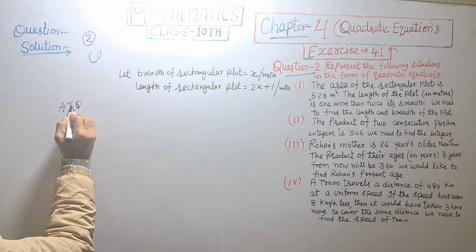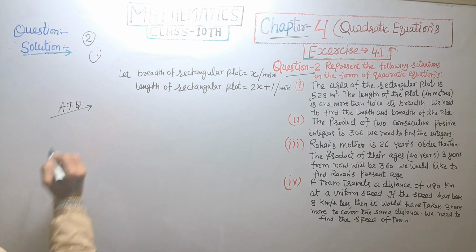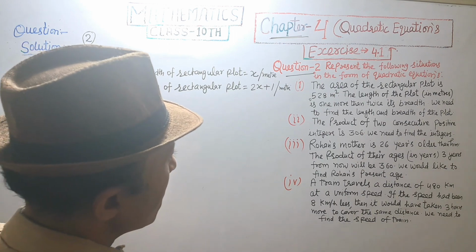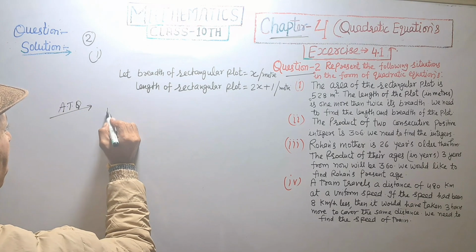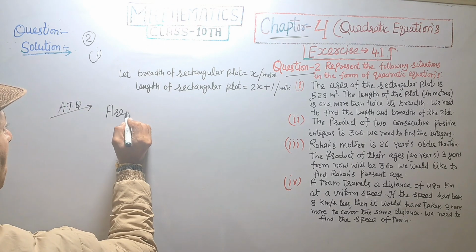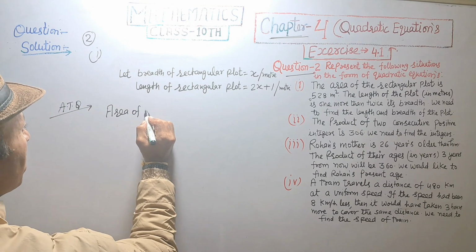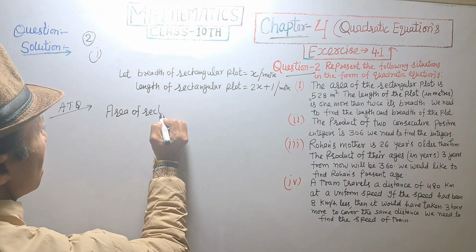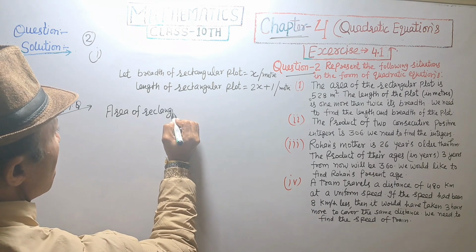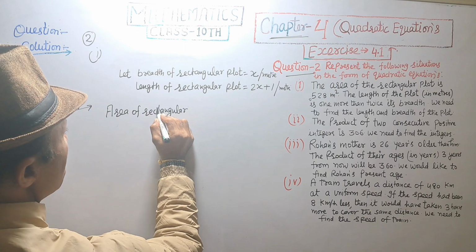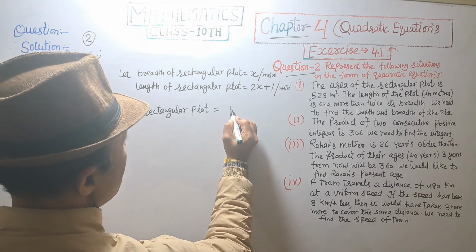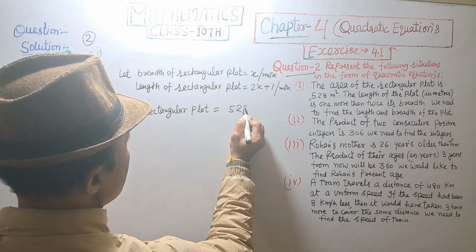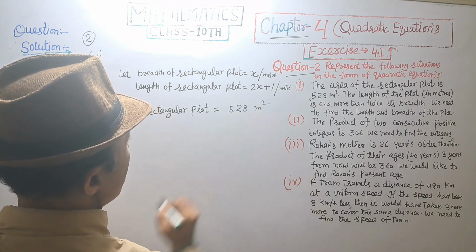According to the question, the area of the rectangular plot is equal to 528 square meters.